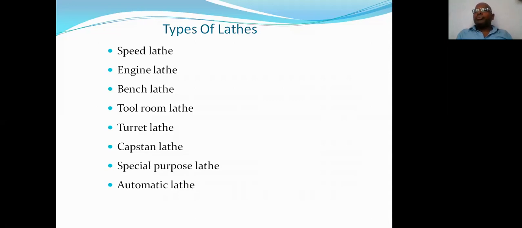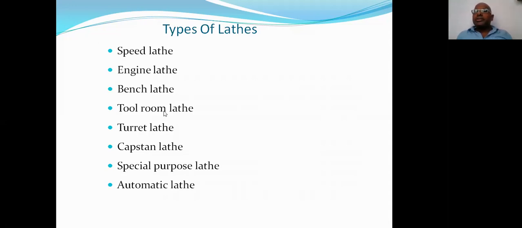Remember carefully, if the question faced by you is to list 4 different types of lathes, or what are the different types of lathes, then there is no need to explain the description or the specific function or purpose of these machines. Simply the answer is supposed to be stated. If the required answer is any 4 types of lathe machines, you may choose any 4.